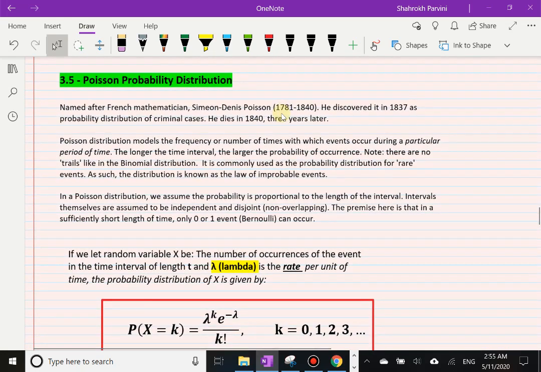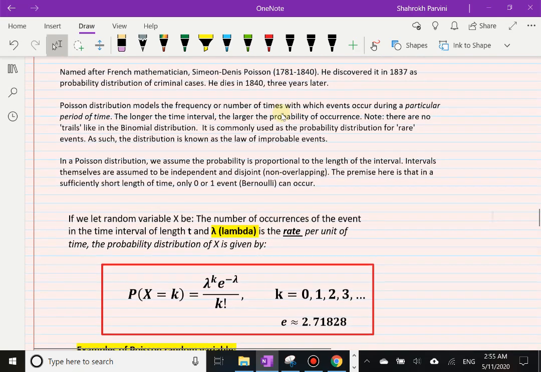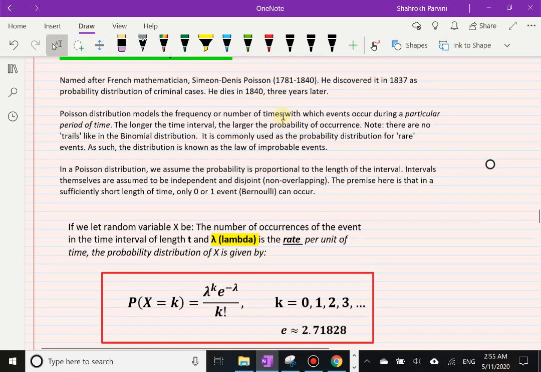Now, what is the random variable? X here is the number of occurrences of the event in the time interval of length t. And this is the Greek letter lambda, and here is a hint as far as how we know we're working with a Poisson distribution. Usually you're given some kind of rate. Again, notice we don't have a number of trials like we did with a binomial.